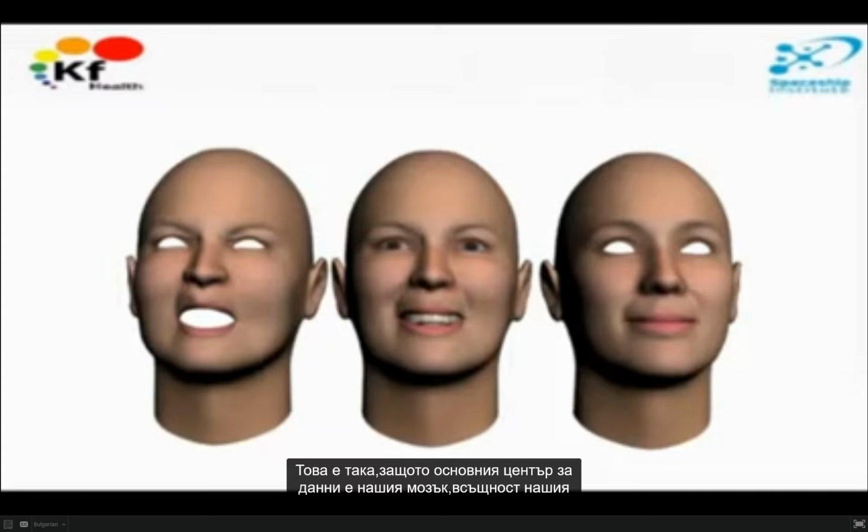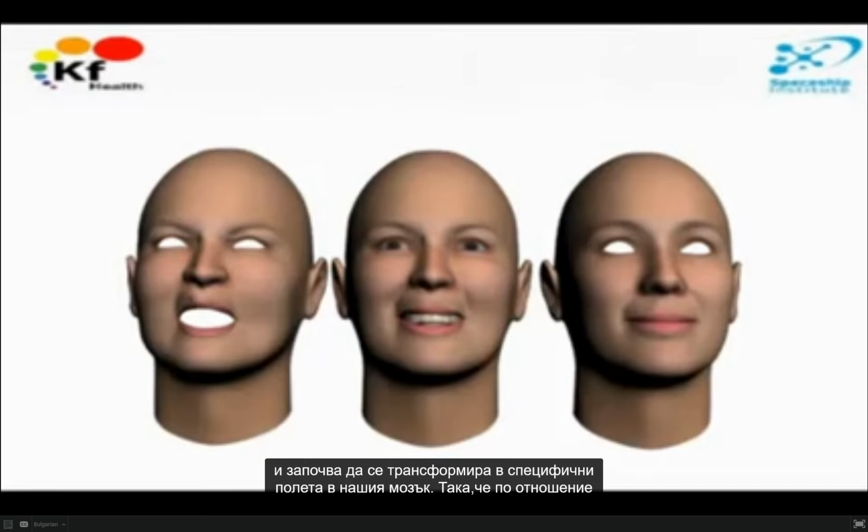It is because the main data center is our brain, actually our thalamus, and all information from the environment comes through our sensors and starts to be transformed in specific fields in our brain.